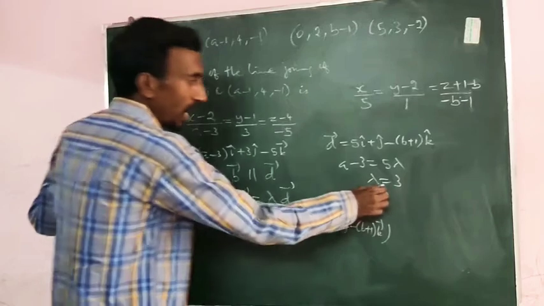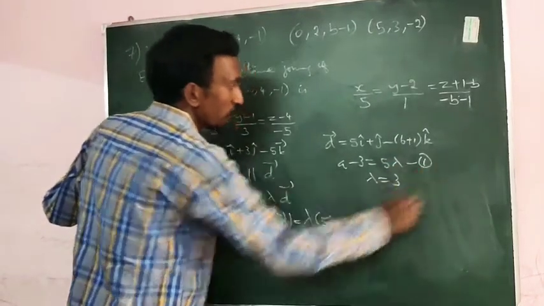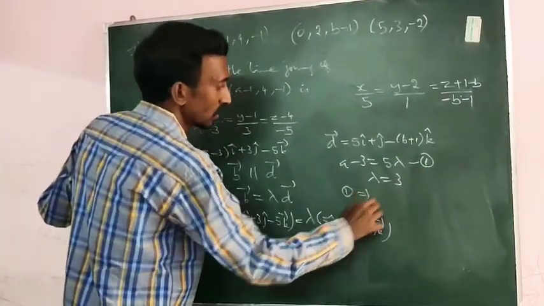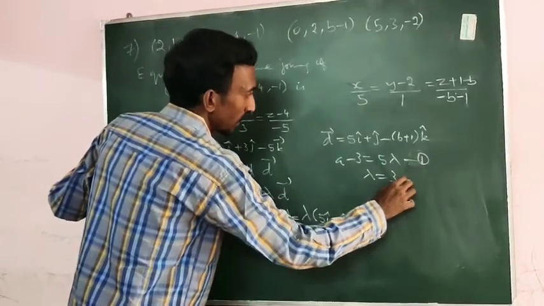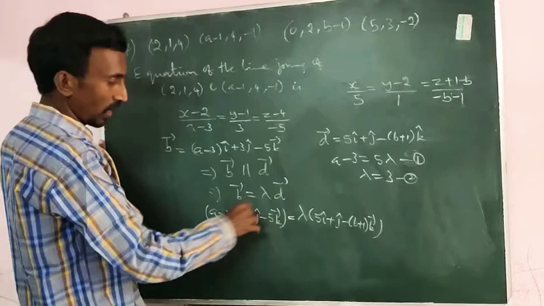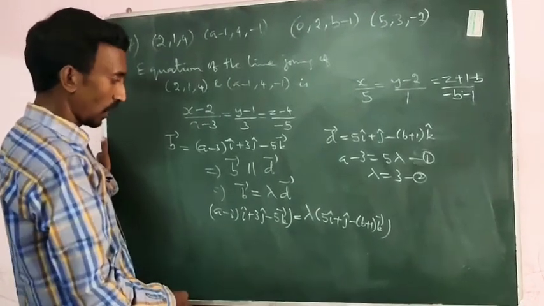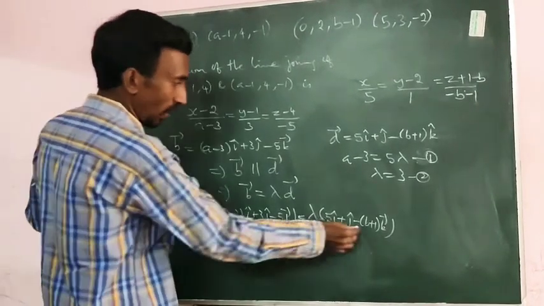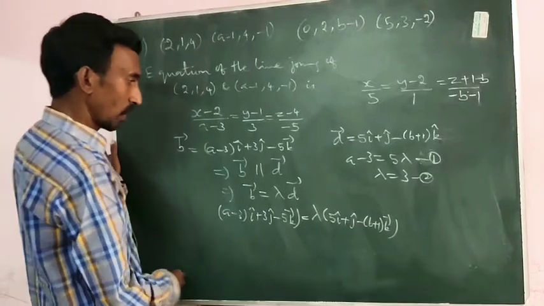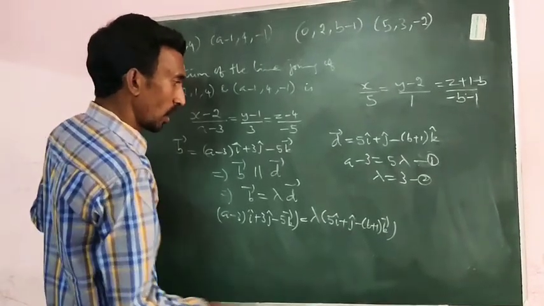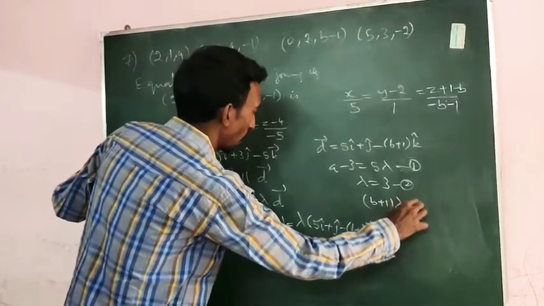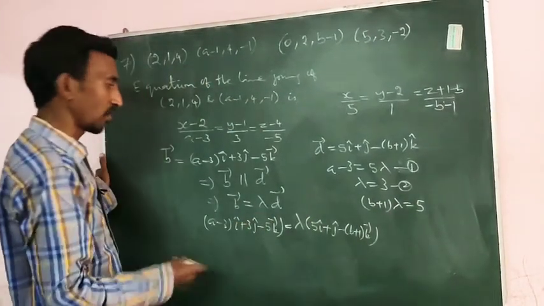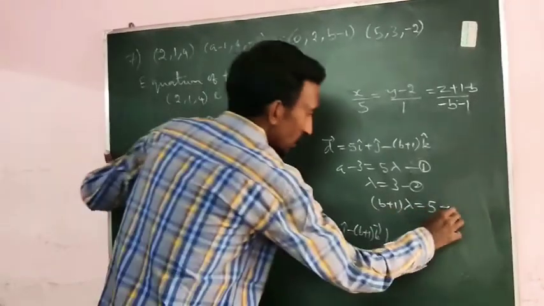So first we can write this as equation 1, and this is equation 2. Equate the third one: (b plus 1) into lambda equals 5. Both are negative signs, we can leave them. Take lambda as 3.